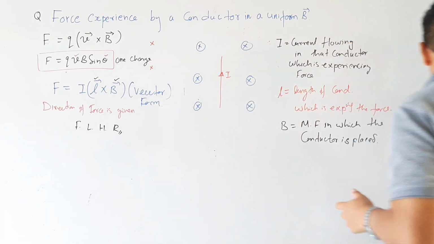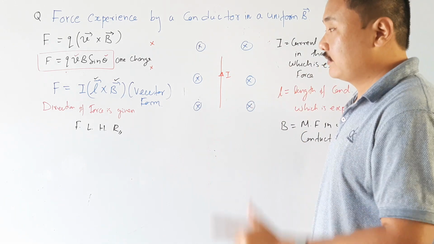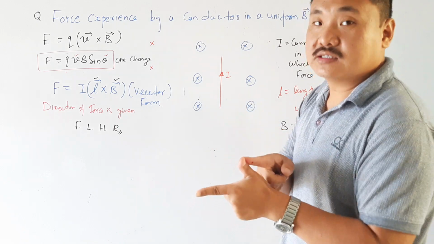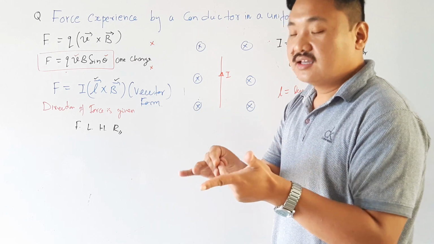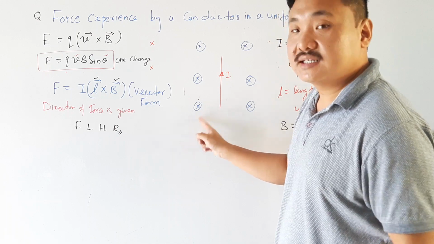So I have to use Fleming's left hand rule. So this is father, mother and child. Father is the force, mother is the magnetic field, and child is the current. So here, what is the direction of magnetic field?